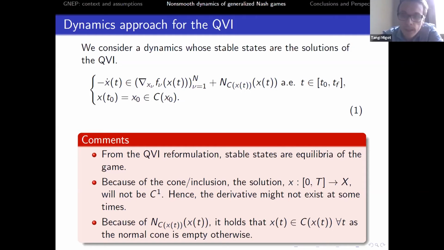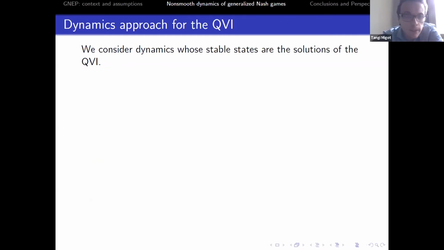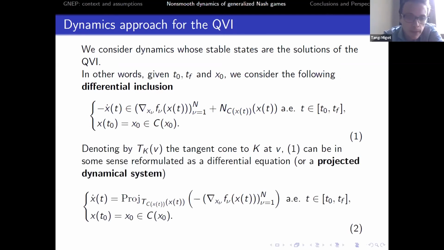So some might find useful to have a reformulation of this differential inclusion as a differential equation. And you can do it in some sense. So let's say T_K of v is the tangent cone to K at v, okay?